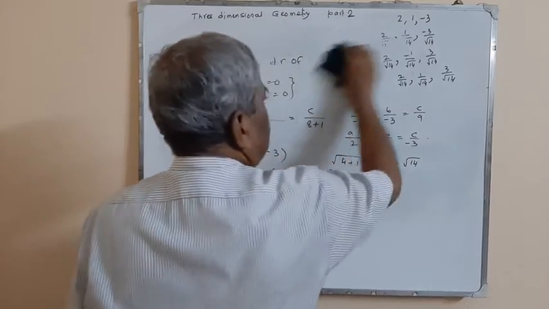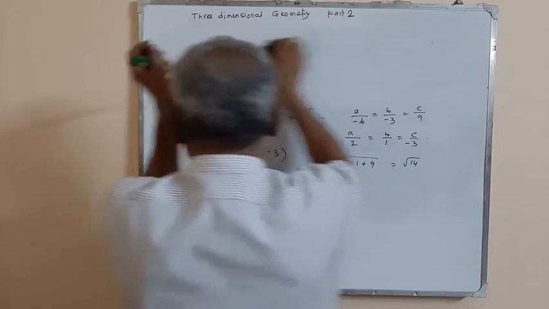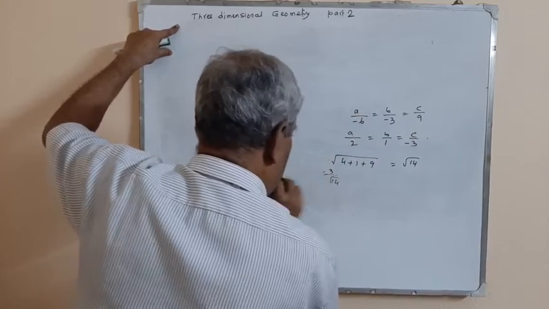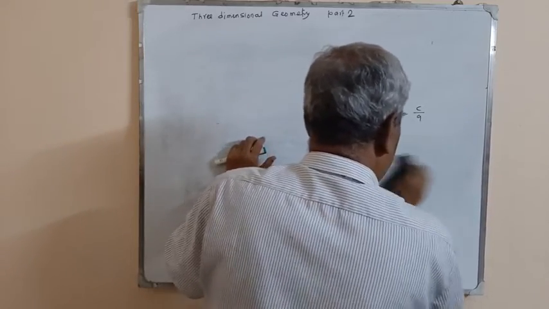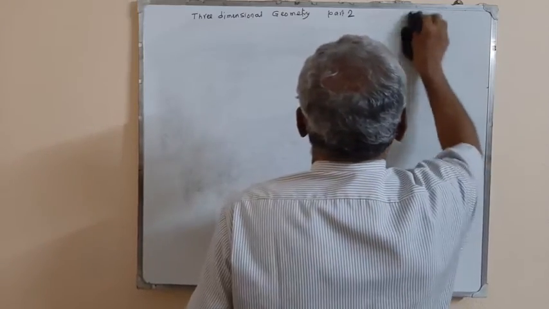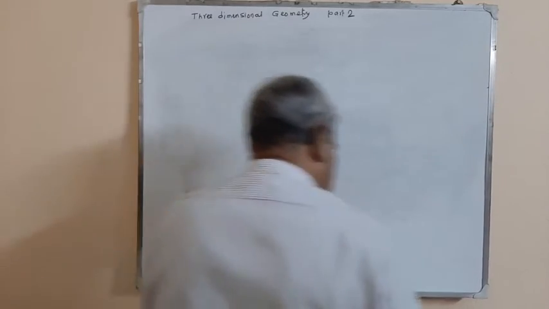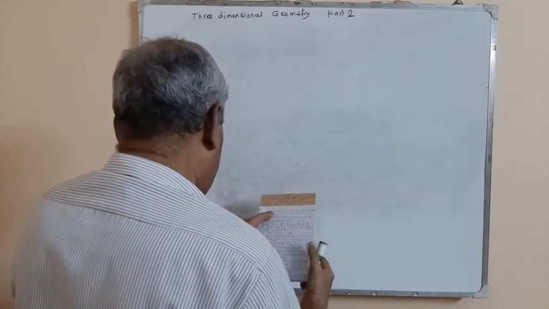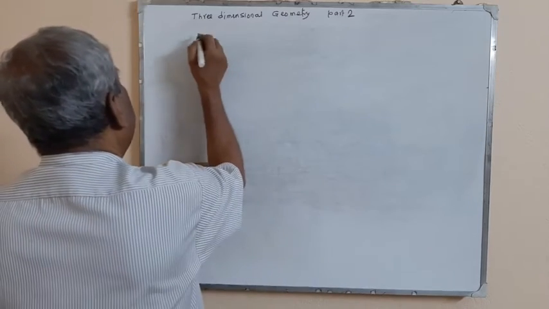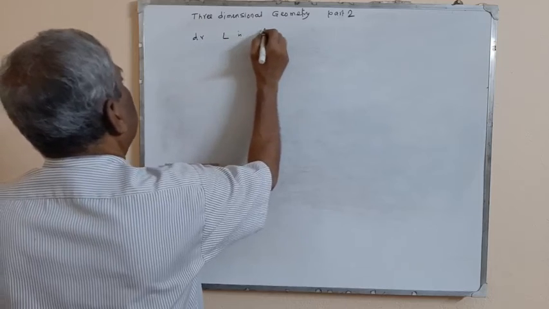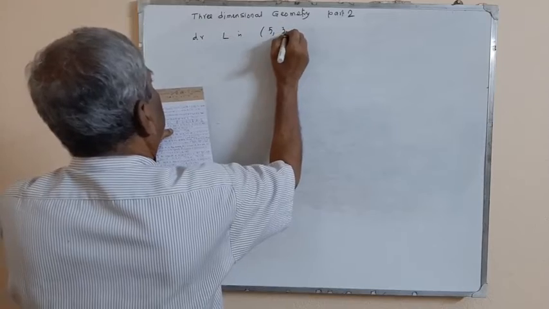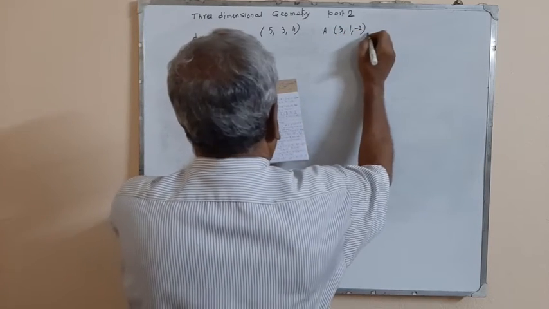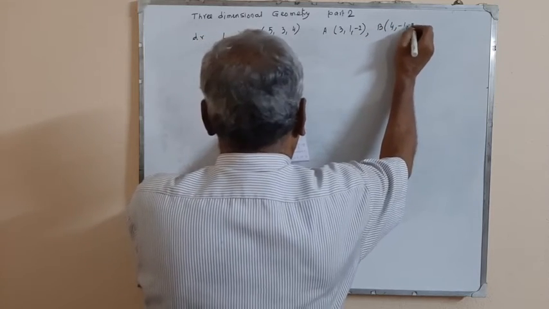Next, the third problem is: the direction ratio of a line L is (5, 3, 4), and A is a point (3, 1, -2), B is another point (4, -1, 3).